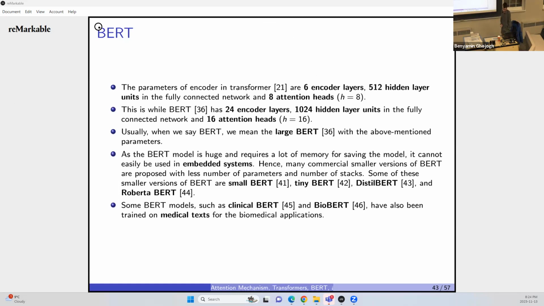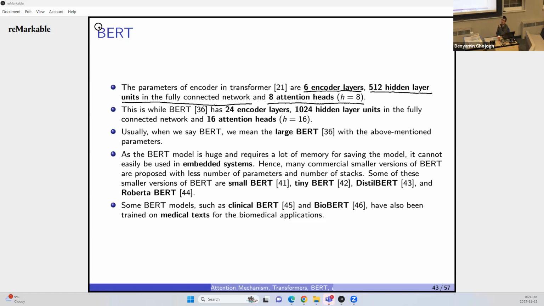Okay, the parameters of the encoder in the transformer are these: 6 encoder layers, 512 hidden layer units in the fully connected network, 8 attention heads. Do you remember?